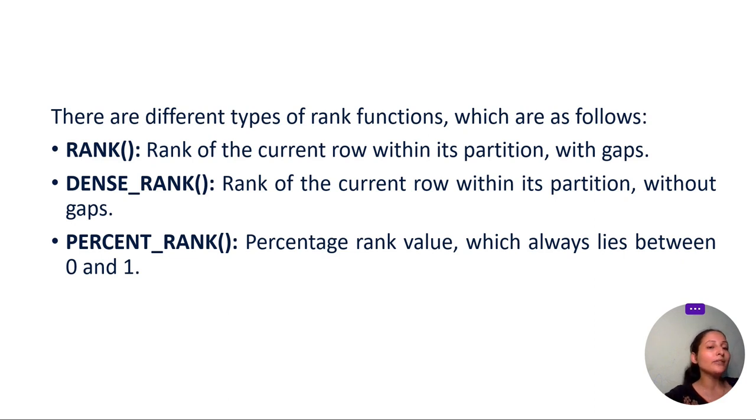But what will dense rank do? Dense rank will give the first 3 students the first rank since they scored the same marks, 98, 98, 98. The student who scored 95 gets the second rank, and the one with 90 marks gets the third rank. This is the beauty of the dense rank function.